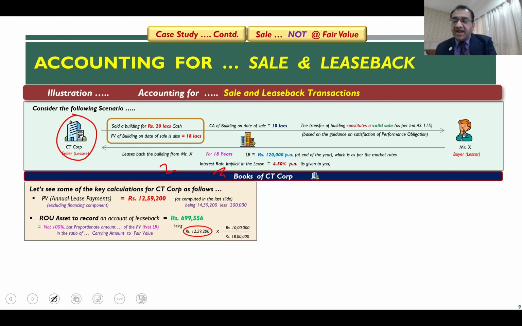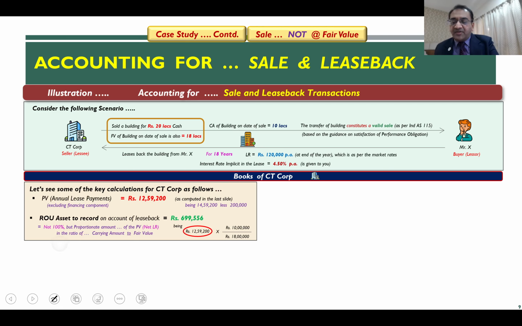So here you need to start with the real present value of the lease rental in respect of the leaseback transaction. This amount is net of the 2 lakh rupees of funding. So excluding the financing component, the present value of the annual lease payments will be 12,59,200, as we computed in the last slide, representing the gross amount of 14,59,200 minus 2 lakh of the financing.